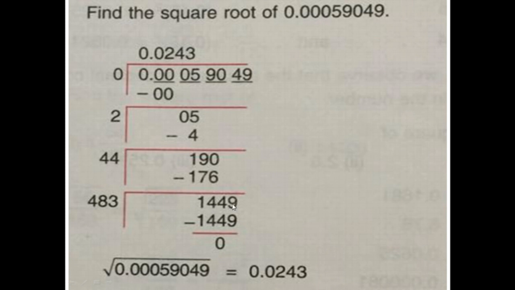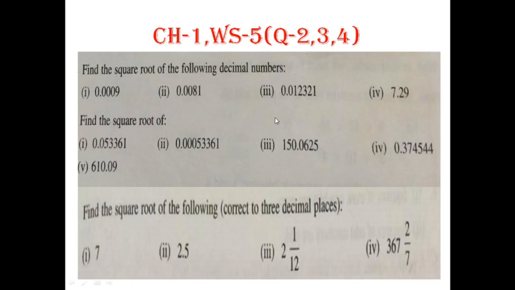Then according to this number, we will write 3 here and 3 here. When we multiply, we will get 0 here. That means the square root of this given number will be 0.0243.